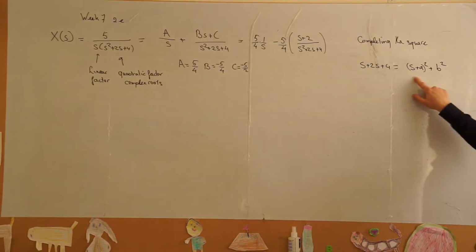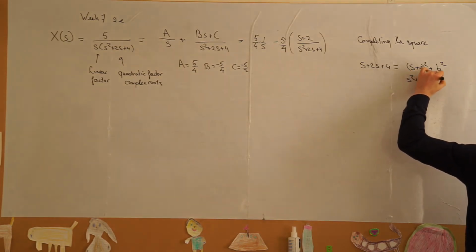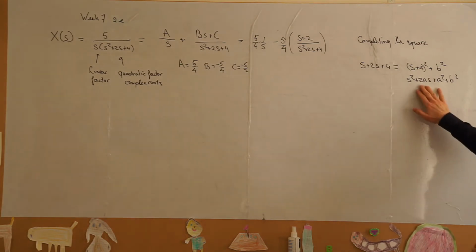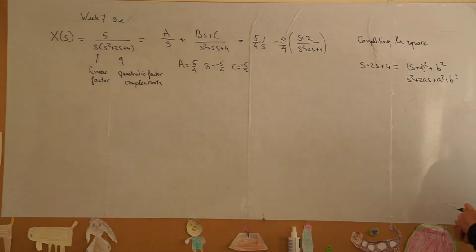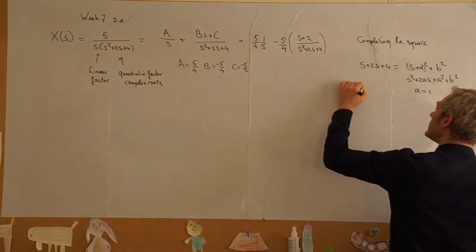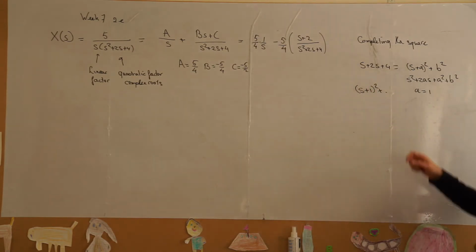If I write this out, I get s squared plus 2as plus a squared plus b squared, and I want you to focus on this part. I have 2 times a times s. Here I have 2 times s, so we know that a is equal to 1. So I can write this as s plus 1 squared plus some other number.